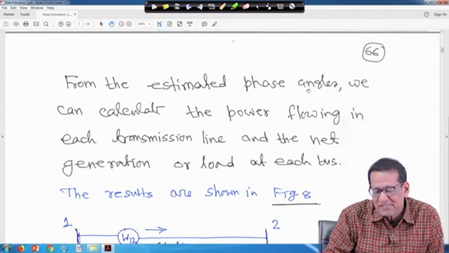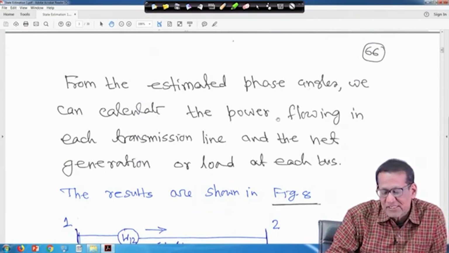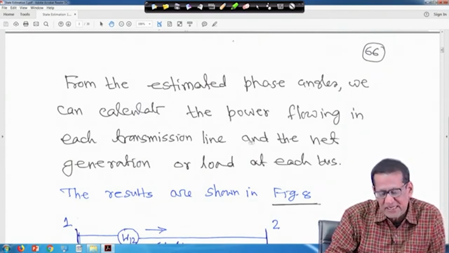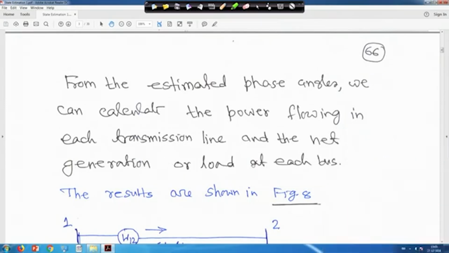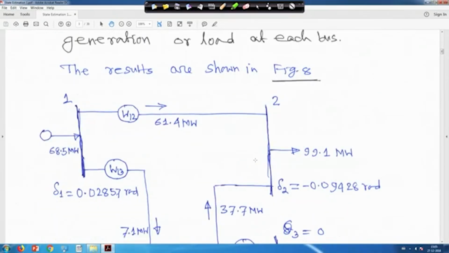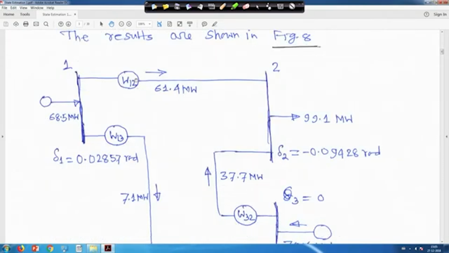From the estimated phase angles, we can calculate the power flowing in each transmission line and the net generation or load at each bus. The results are given like this. These are the line flows and the meters W12, W13 and W32. P12 is 61.4 megawatt, that is F12.